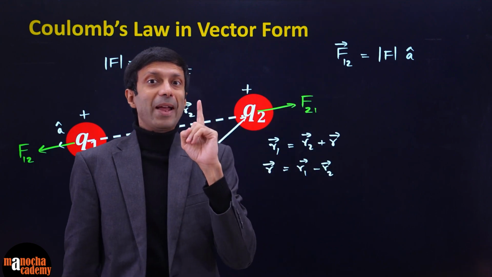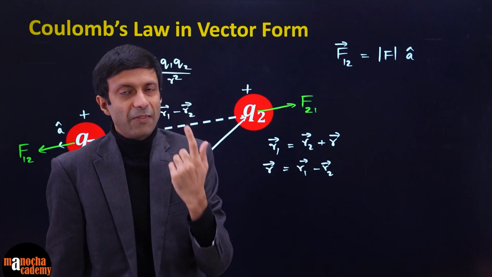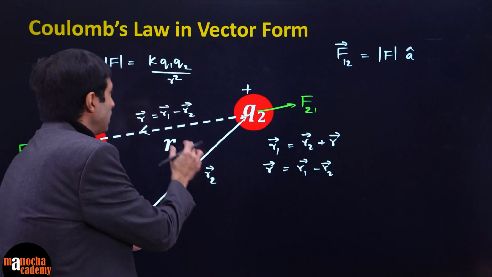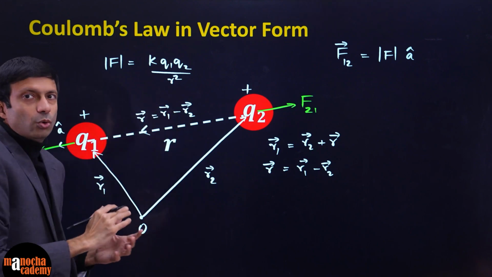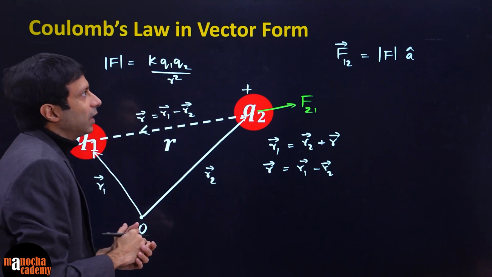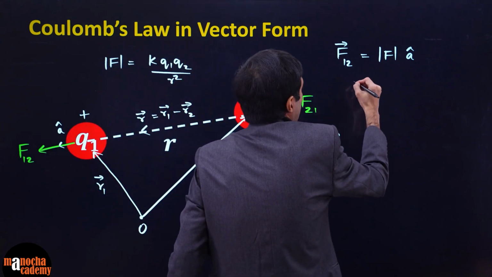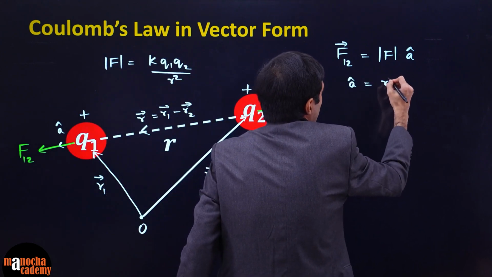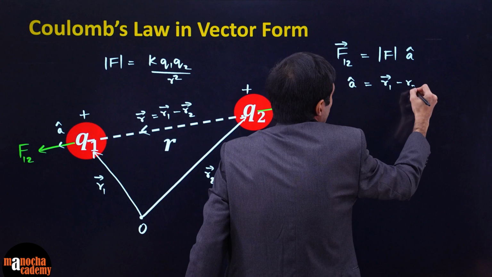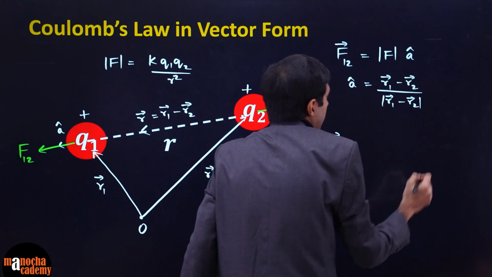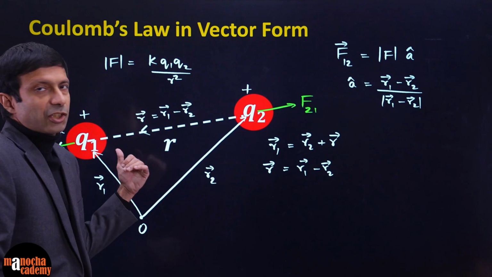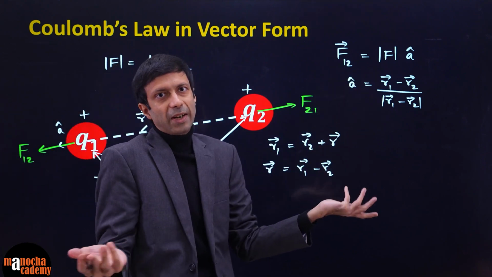Unit vector means of magnitude 1, right? Having unit magnitude. But this one, no guarantee that this is unit magnitude. So how do I convert it into a unit magnitude vector? So we can say that our A cap will be R1 minus R2, that direction, divided by the magnitude of this. If you want a unit vector in this direction, you take that vector and divide it by the magnitude.